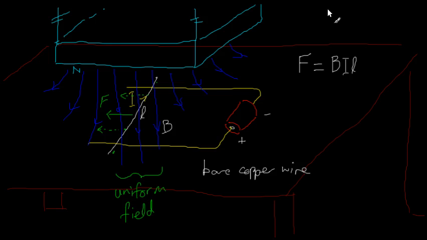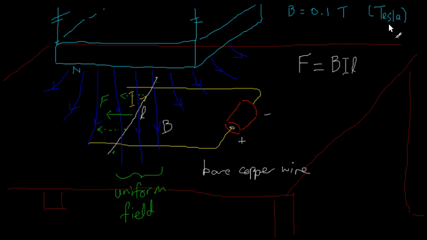Now suppose that the magnetic field strength B is equal to, let's say, 0.1 Tesla, 0.1 T. Now T is the unit for magnetic field strength, Tesla.